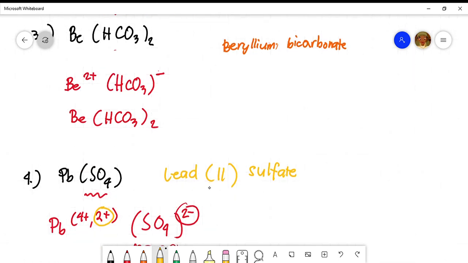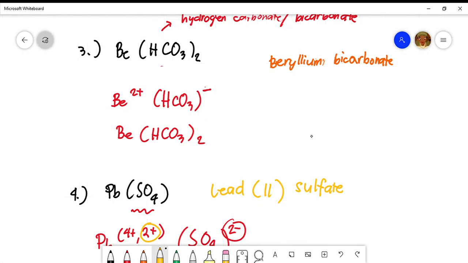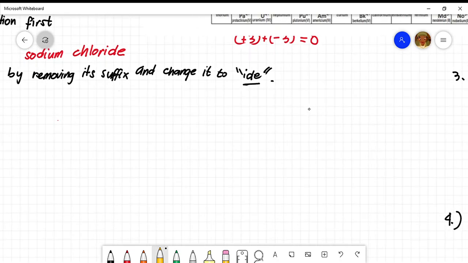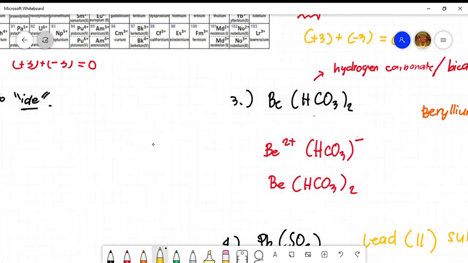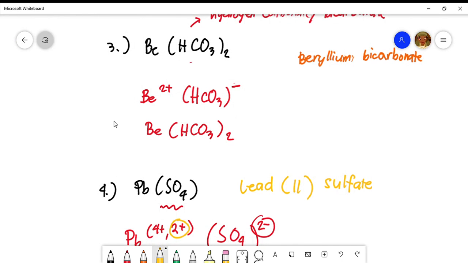So we don't call this lead 2 sulfide, since this is not an anion, but it is a polyatomic ion. So there are some exemptions for this. Examples 3 and 4 are exemptions, since we have the polyatomic ions enclosed in parentheses. And examples 1 and 2 are simpler examples of ionic compounds.